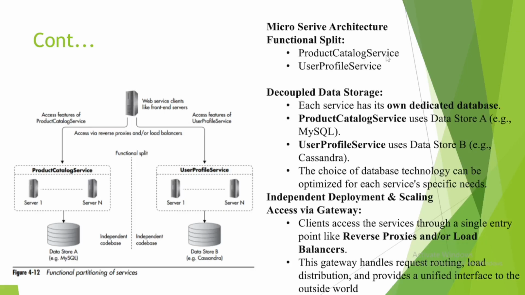The product catalog service is itself divided into multiple servers, 1, 2, 3, etc. Each of these servers does a specific part. Similarly, the user profile service does separate tasks for each. Finally, they are all stored in their respective databases.